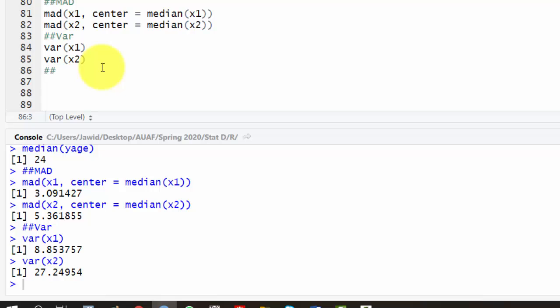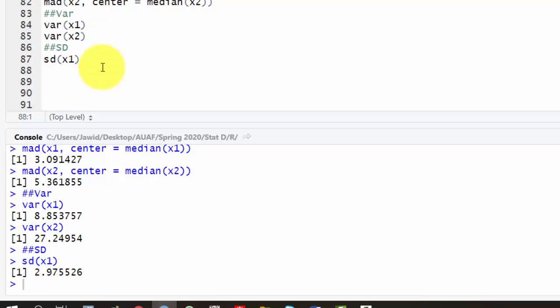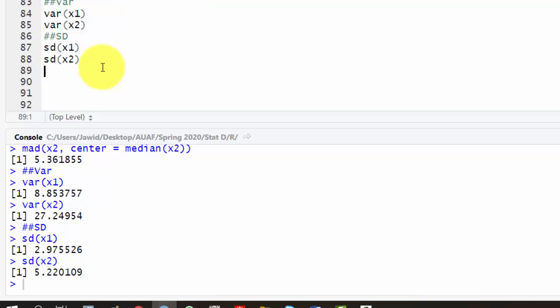Next, standard deviation. We use the standard deviation in order to remedy the problem which variance has. The formula in R is SD of x1, which is 2.9, and SD of x2, which is 5.2. Normally, the interpretation of standard deviation and mean absolute deviation is very close.